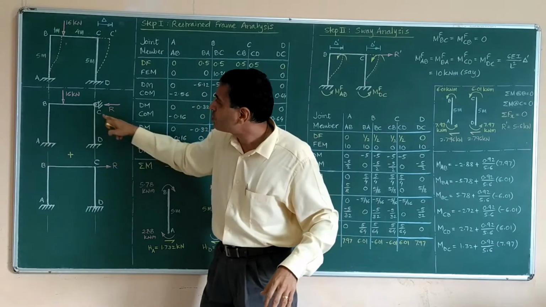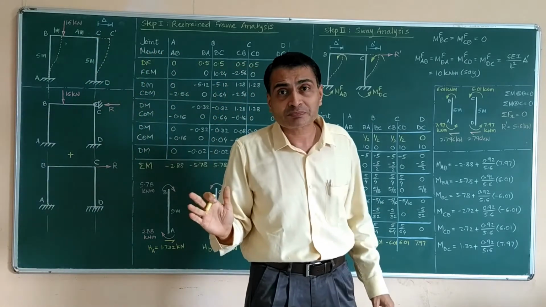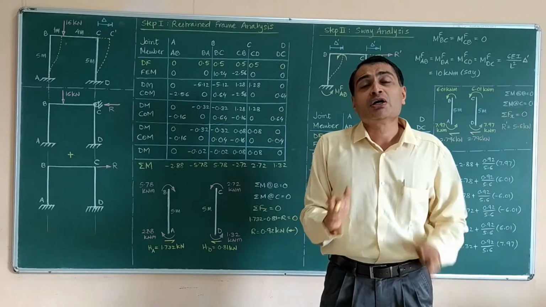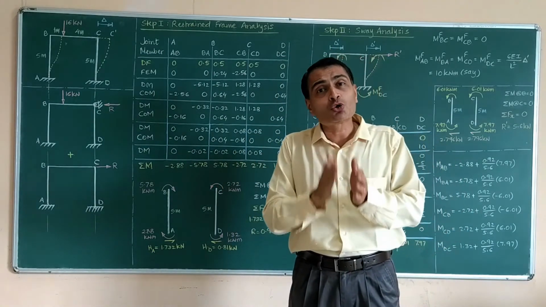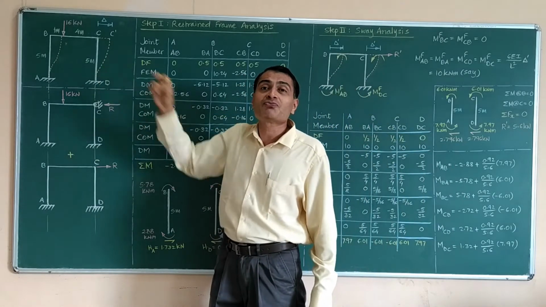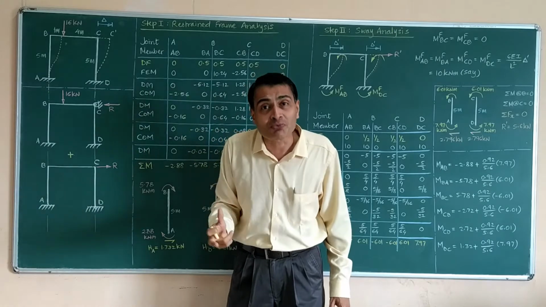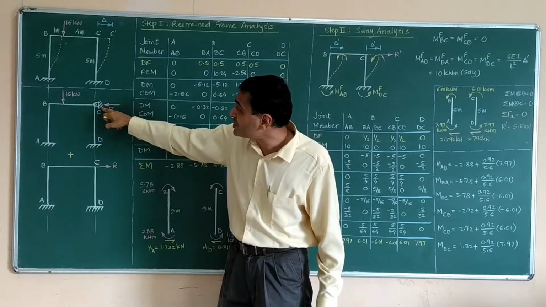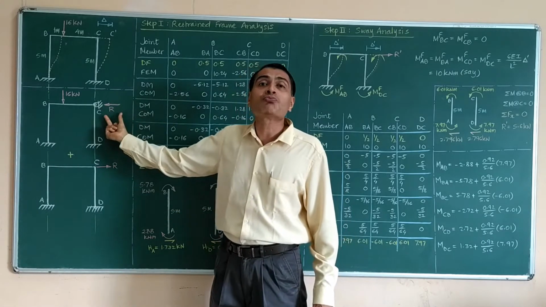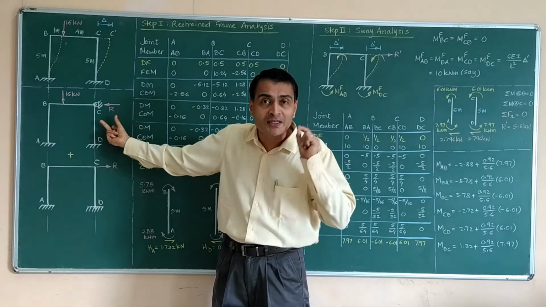What remains will just be my original sway frame. So I repeat, our analysis is going to be a two-stage analysis. Original sway frame, I first restrain and convert into a non-sway frame. That is, I provide this restraint which is offering reaction R to stop the sway.